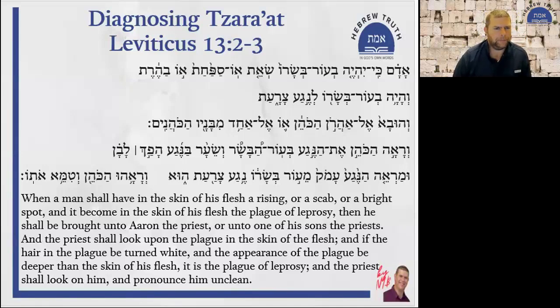Now, the root Tzadi Resh Ayin is not 100% clear, but it has to do with these different defects. In any case, you can see Tsar and Ra.